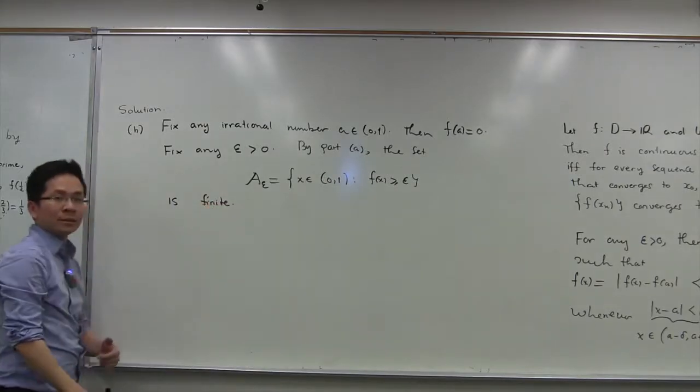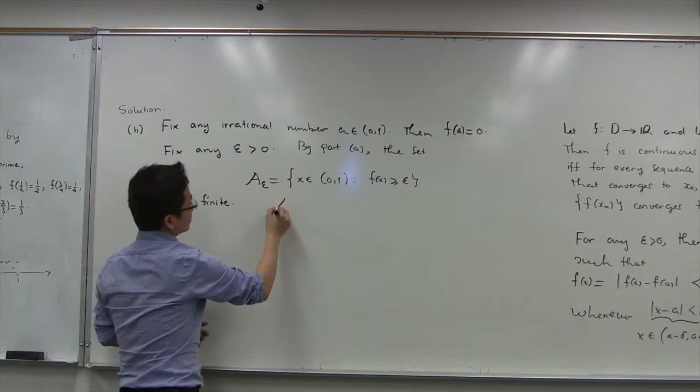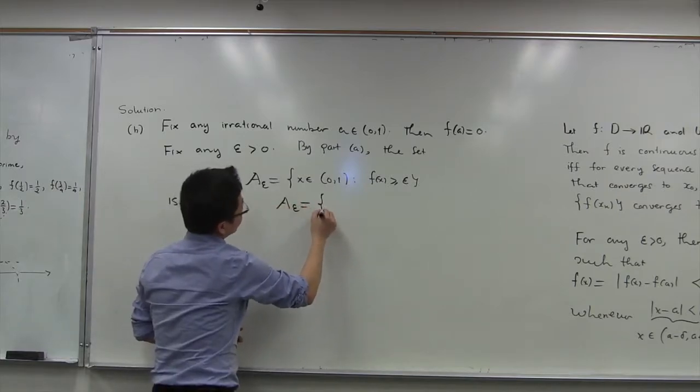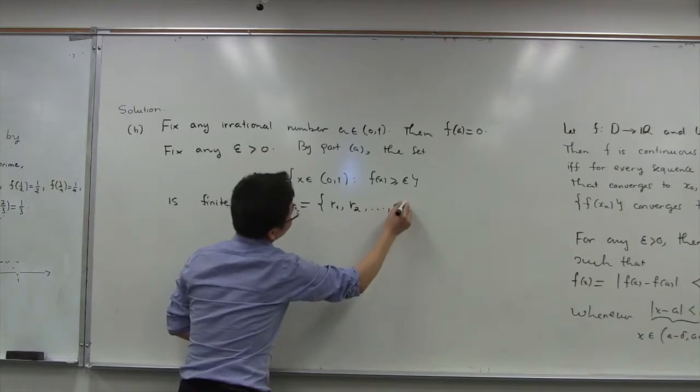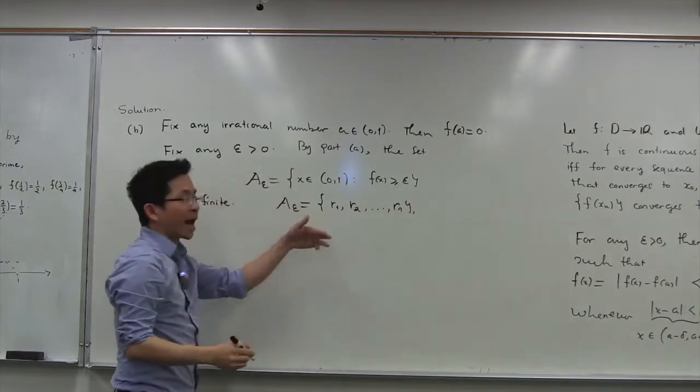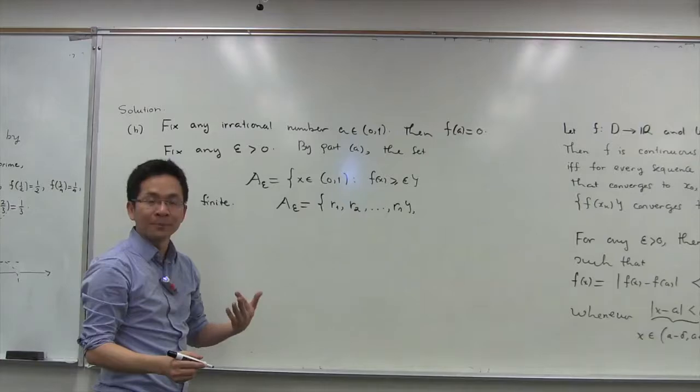So A_epsilon can be written as r1, r2, up to rn, where each ri here is a rational number.